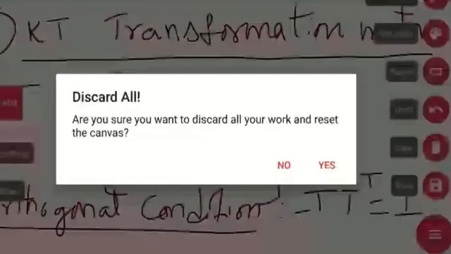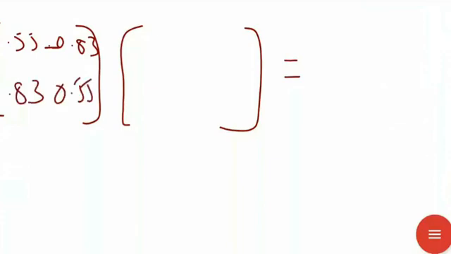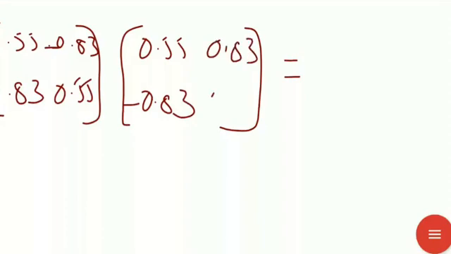So take 0.55, 0.83, minus 0.83, 0.55 and do the product.